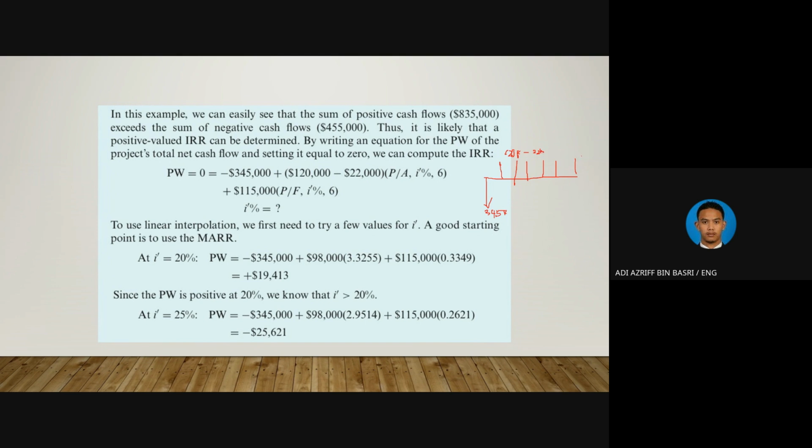Okay, then at the end of the year, it's a future value of about 115k after 6 years, this one 6 years.